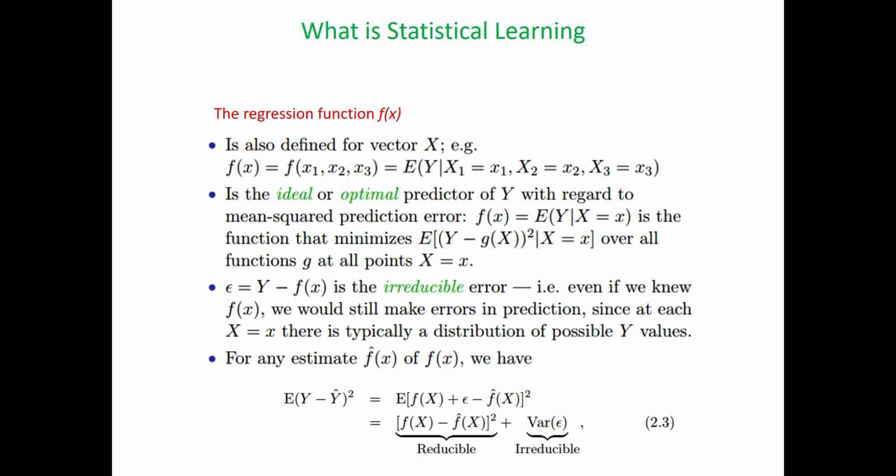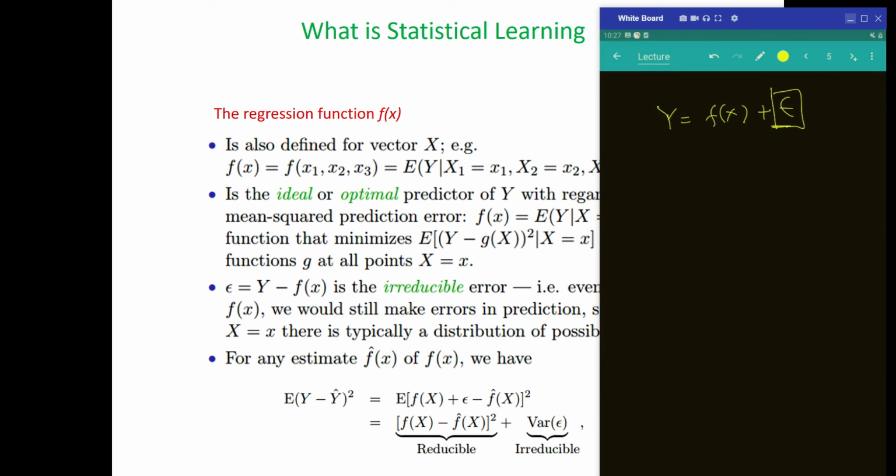Let's go back here. So the average will be 0, that we understand. But epsilon is actually y minus f of x. This is actually your error term, right? We can't avoid this error.